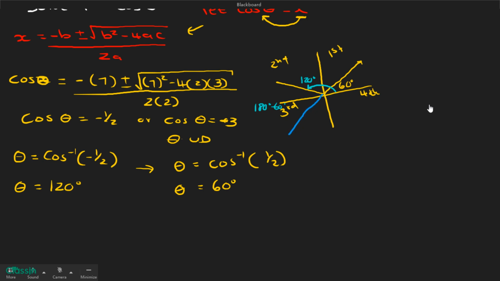Then we also do the very same thing on this side. If we are moving from here going around until here, it means that we already passed 180. So to find the angle here, we say 180 degrees plus the smallest acute angle, and the solution will be 240 degrees.